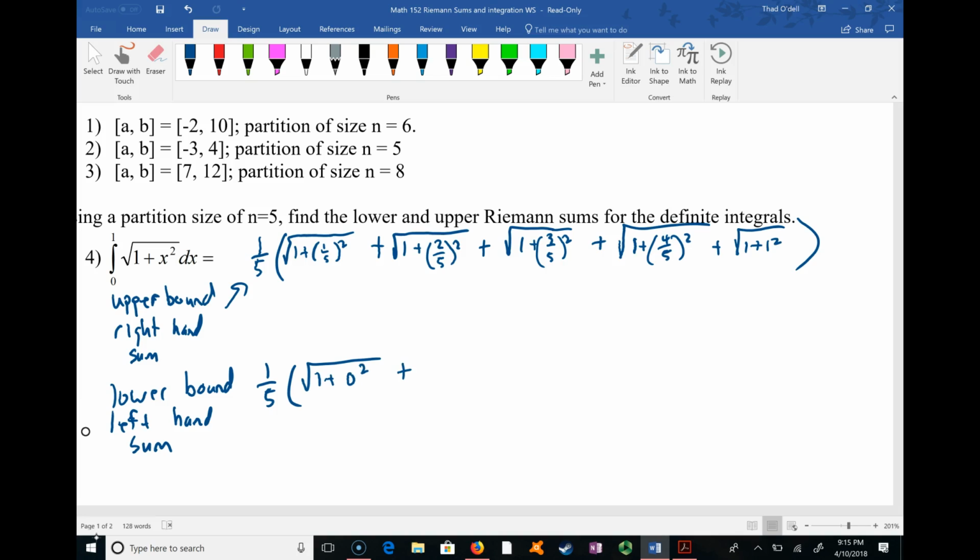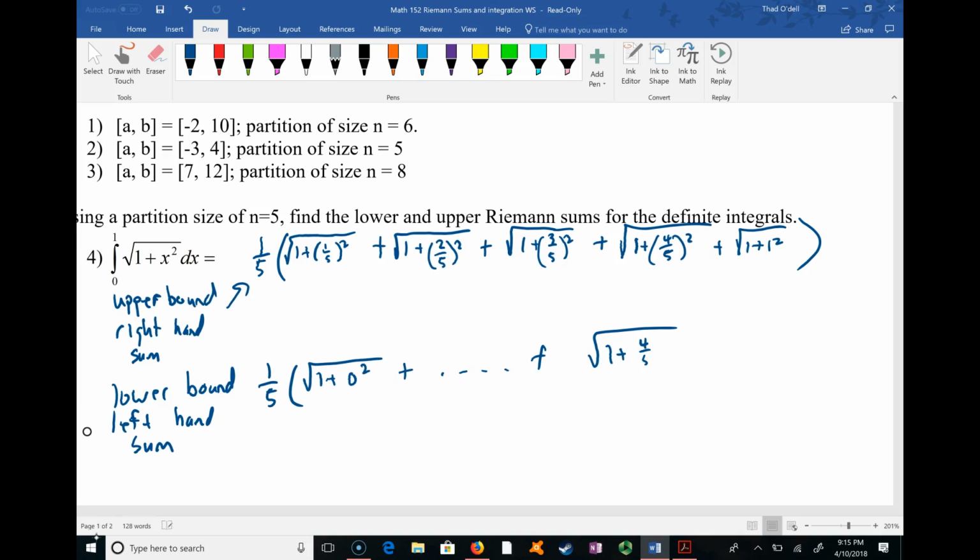And it's going to be the same, but it'll end with the square root of 1 plus 4/5 squared. And all these things in the middle will be the same. So it's basically these 4 right there, and then that one extra one. So that would be my upper and lower bounds.